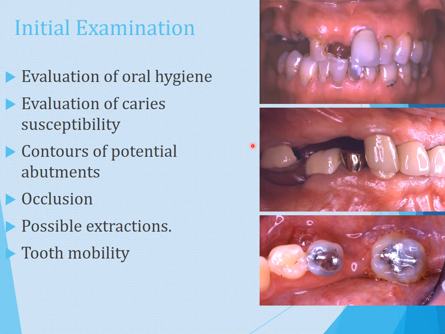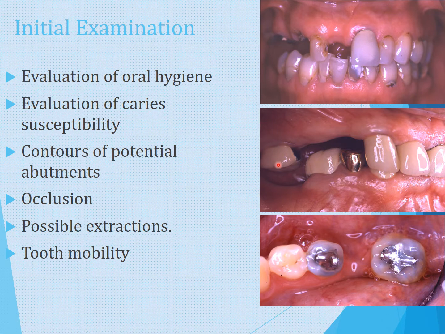Okay, coming to the initial examination. So you have to evaluate the oral hygiene, evaluate any caries susceptibility, any contours or potential abutments. Okay, so if the abutment is tilted, or it has secondary caries, or is it already crowned, if there is already an FPD on top, and how are we going to replace the rest? Or how are we going to give a clasp on a crowned tooth in case of RPD?